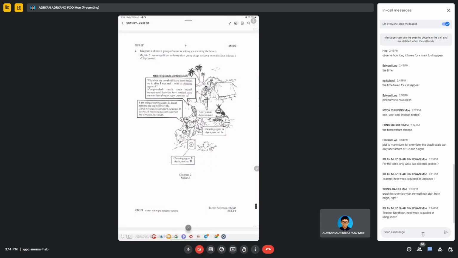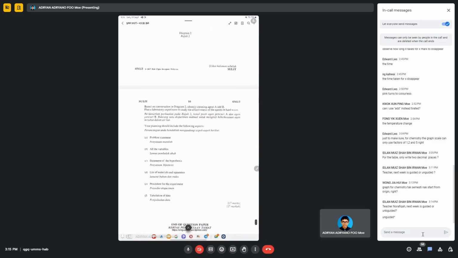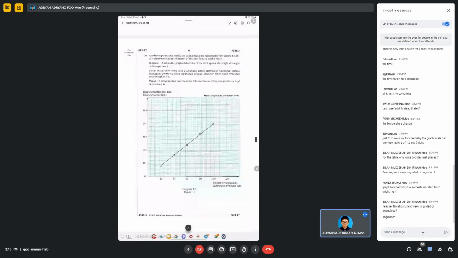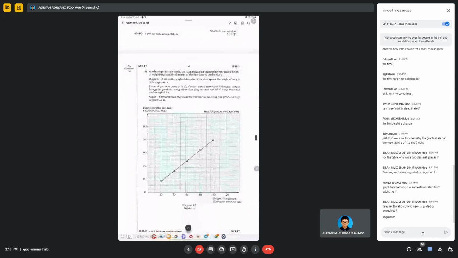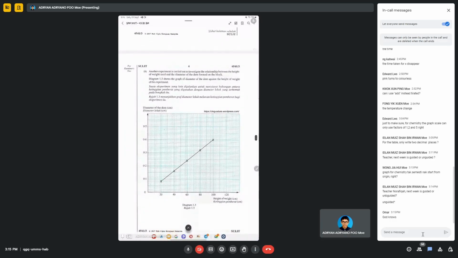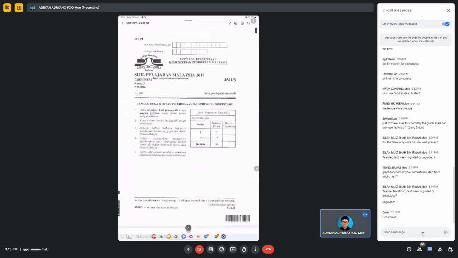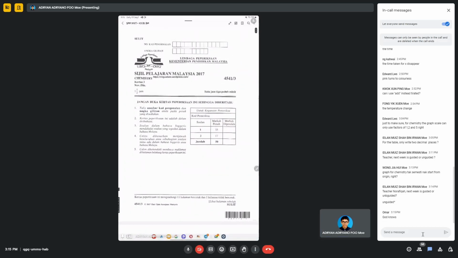Ni soalan format lama. Okay, just saya nak tunjukkan graf tu. Kita tak ada graf lah yang ni. Ni graf dia. Ini graf dalam soalan. Soalan salah ni. Ini soalan dia. Saya bagi skema sekali lah.